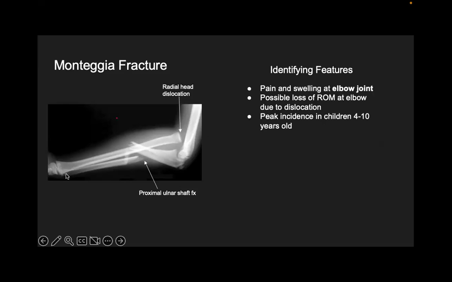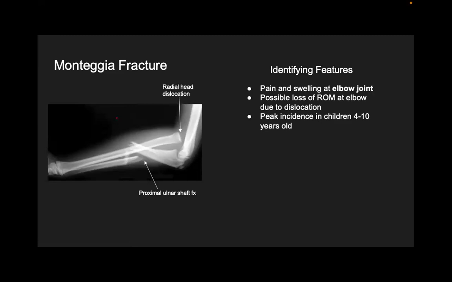Now that we've described that, we could either describe the two components of what we see here, or we could group this together and say, these are both components of the Monteggia fracture, so we could just call it that. And if I say that to my attending on the phone, they're gonna completely understand that I have a proximal ulnar shaft fracture, and then I'm also gonna have dislocation of the radial head, okay?